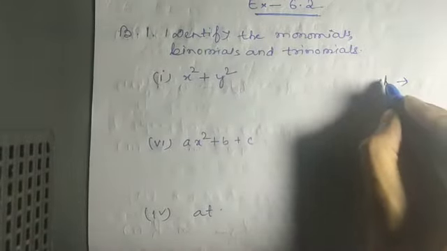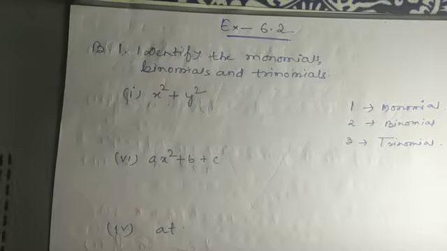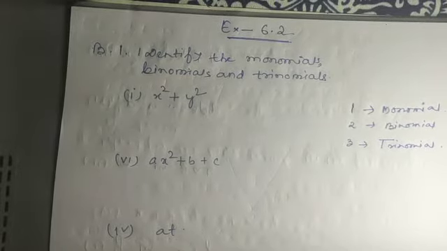If two terms are there, then that is called a binomial. And if three terms are there, then that is called a trinomial. For one term, monomial; for two terms, binomial; and for three terms, trinomial.